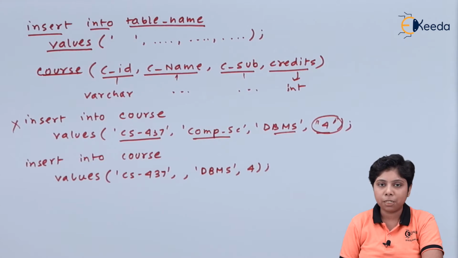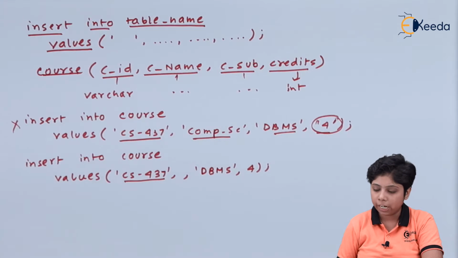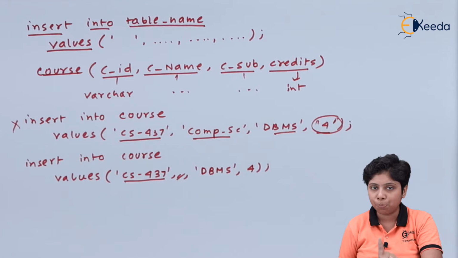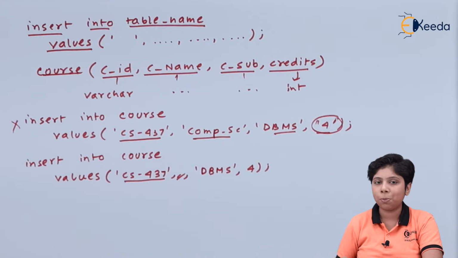This will be accepted by the DBMS as CS47 matches the varchar and is considered as the CID. No CNAME is given here. We cannot even put a space here, just 2 commas one after another to indicate that I don't want to put any value in the CNAME.